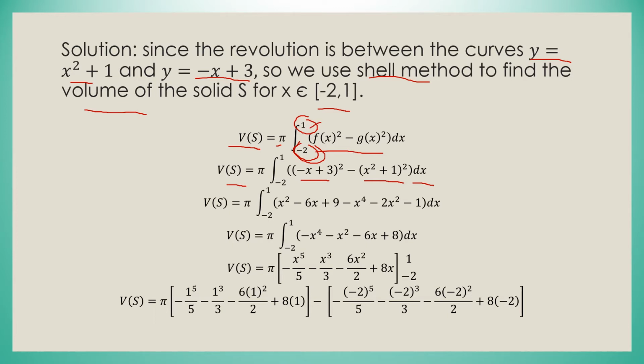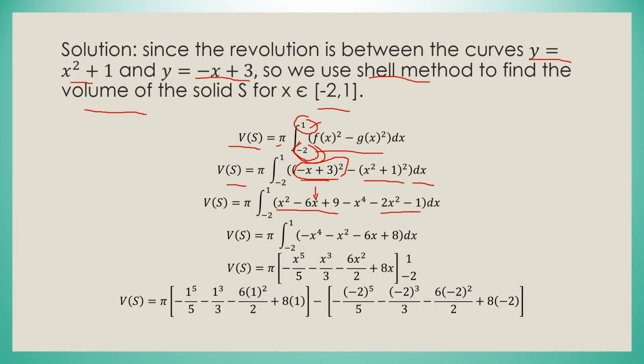After that, we have the volume of S equals pi times the integral of x squared minus 6x plus 9 minus x to the 4th minus 2x squared minus 1 dx. We have x squared minus 6x plus 9 because we simplify this (negative x plus 3) raised to 2 so that we can have the answer.